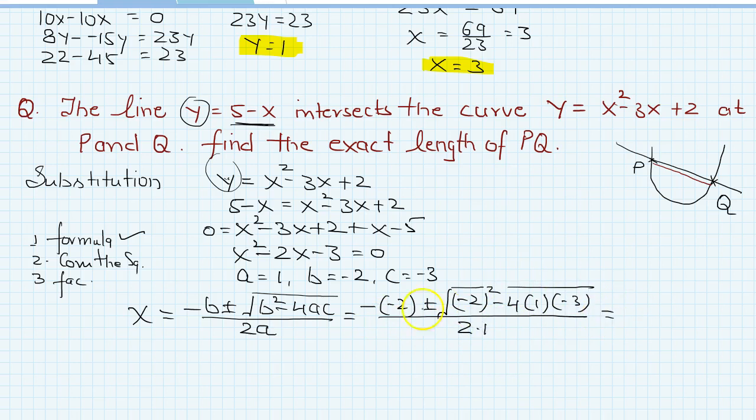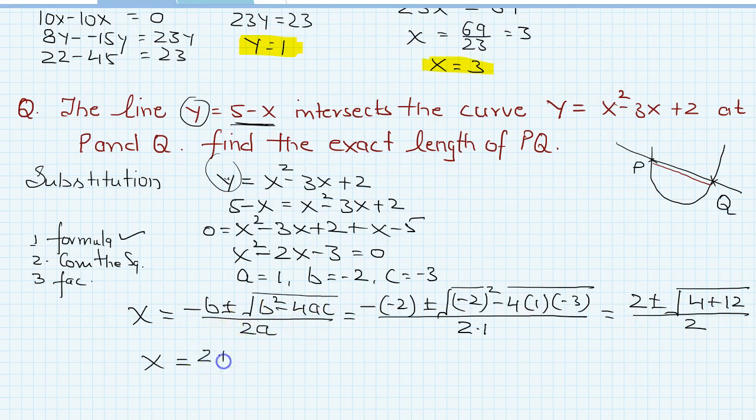So that is equal to minus of minus 2 plus minus root. Minus 2 square is 4, minus minus is plus, 4 times 3 is 12, over 2.